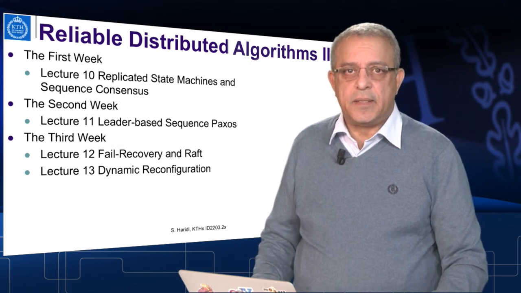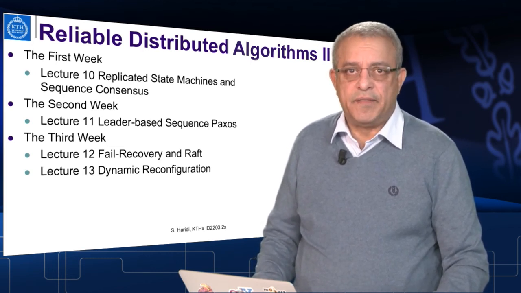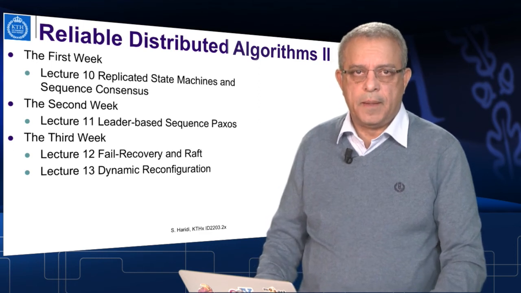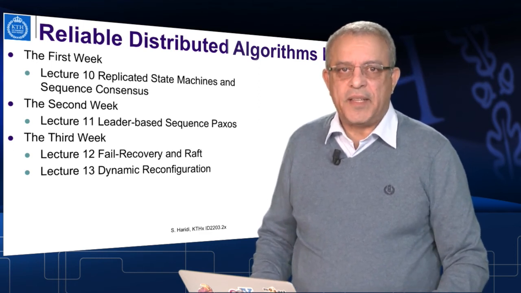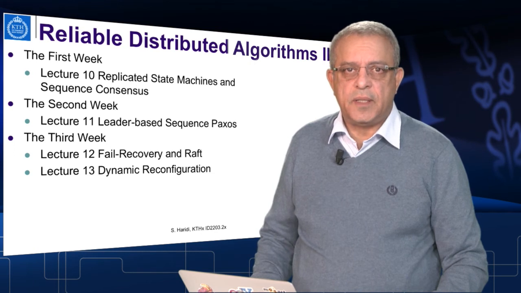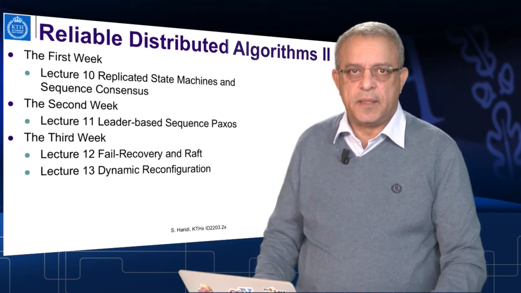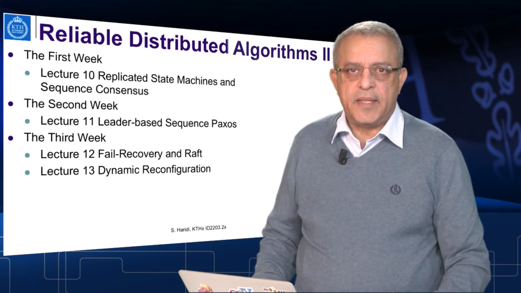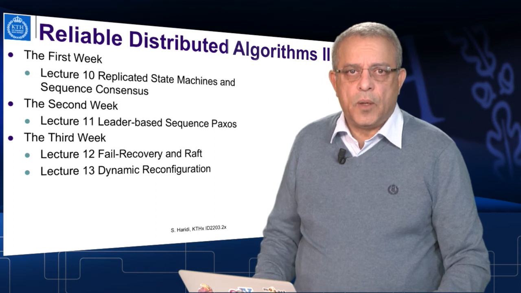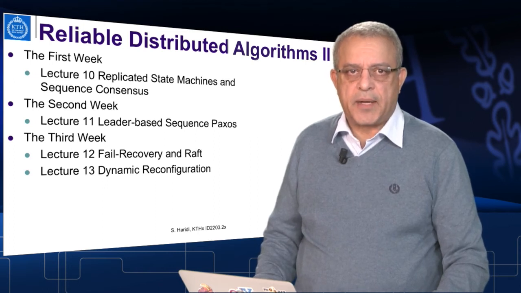This really aids understanding of the resulting final algorithm. As you will see, the final algorithm is very efficient and can be completely specified in 2 slides. This week also ends with a programming assignment on the leader-based sequence Paxos.